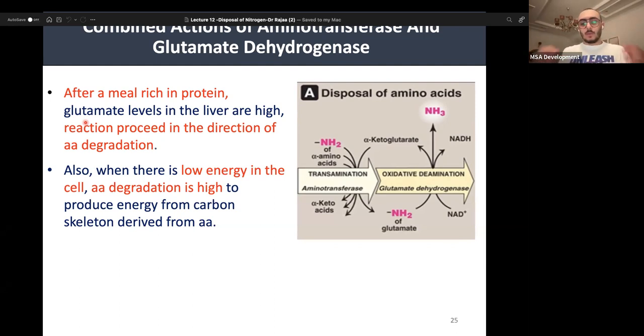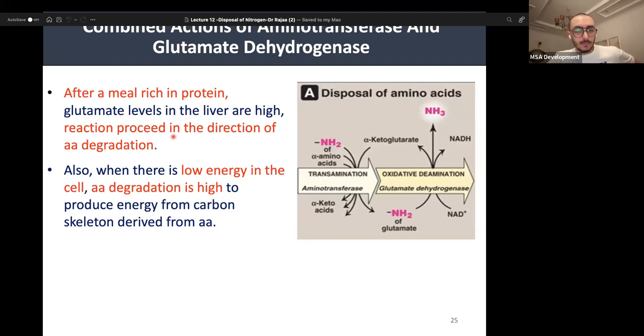So, common sense, after a meal rich in protein, your body will have high levels of glutamate, because it will use whatever it needs and the rest will be excreted. Before being excreted, it will be in the form of glutamate. So that's why glutamate levels will be high in your body.